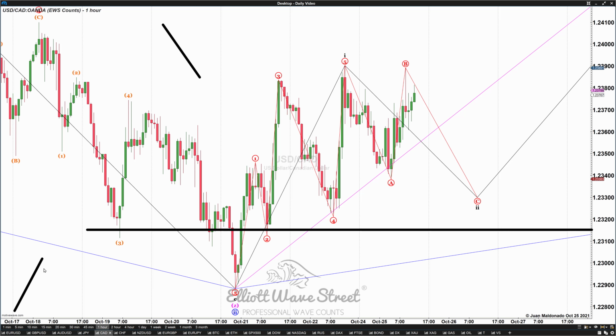So usually what they do, they start drawing levels: 23.6, 38.2%, 50, 61.8, 78.6, 88.6. And of course, when price goes down, if it's going to reverse, it's going to pick any of these levels or near these levels, and it's going to reverse, and the expert is going to tell you, oh, can you see that? It's so precise.